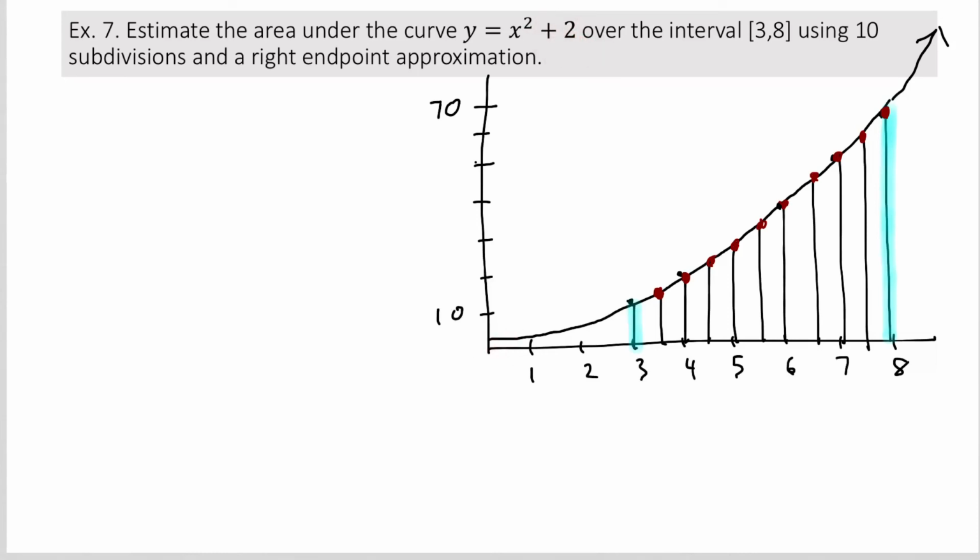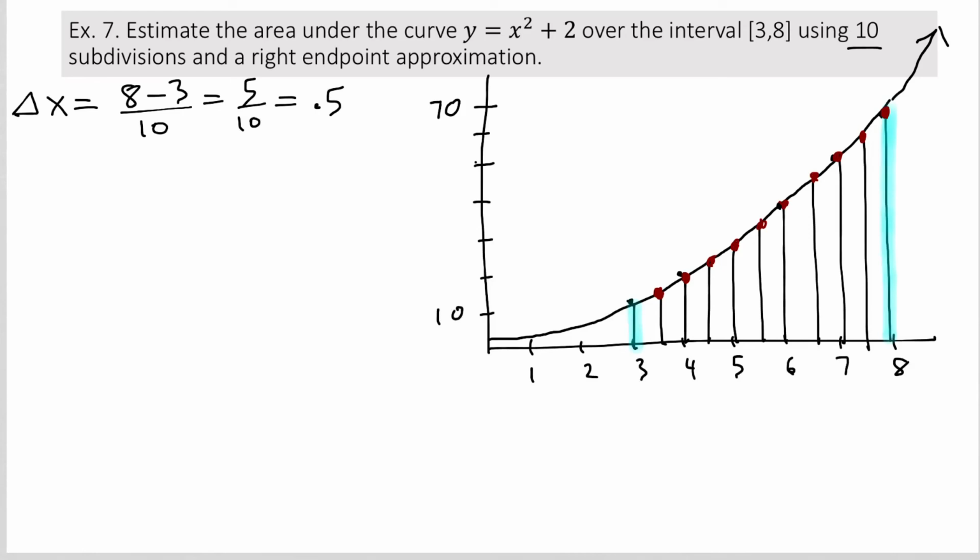This is a parabola, and I've drawn it in the first quadrant from 0 to 8. So we're interested in the interval between 3 and 8. And the way I calculate delta x is I say delta x is equal to 8 minus 3 divided by the number of subdivisions, which is 10, that we want. So that's 5 over 10, or 0.5.